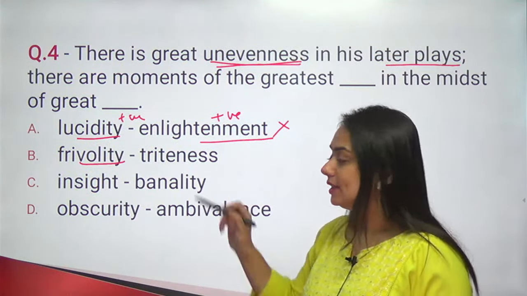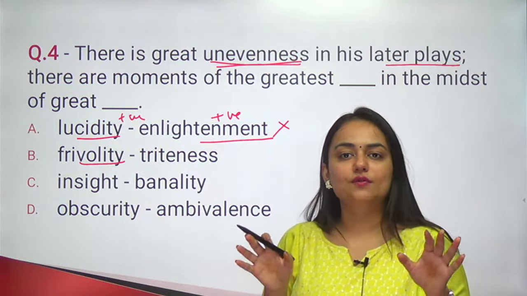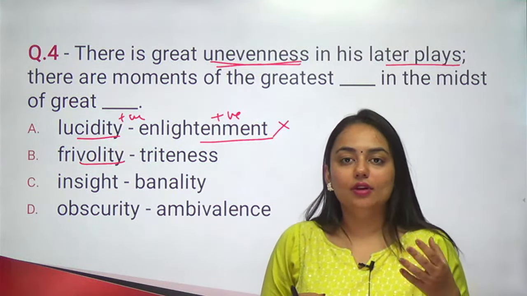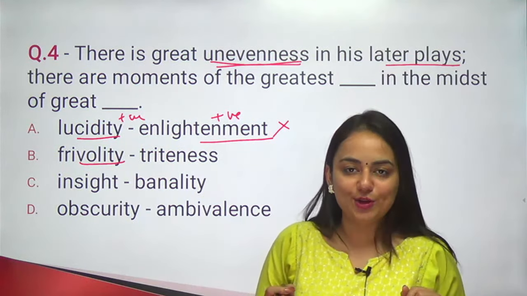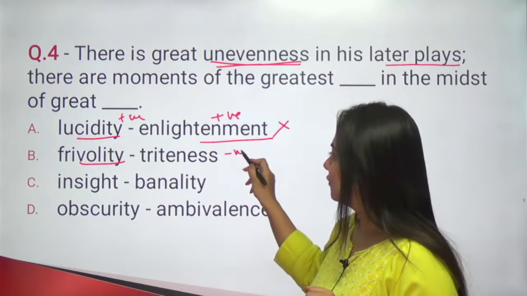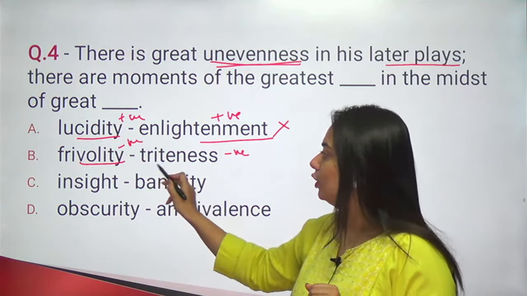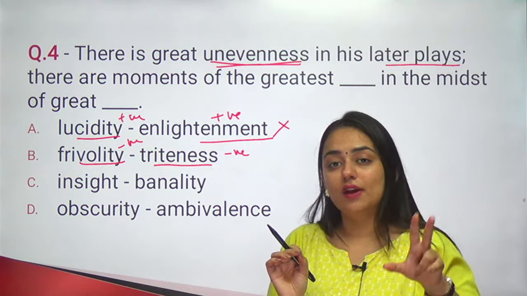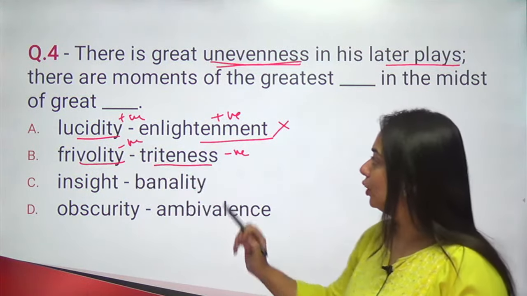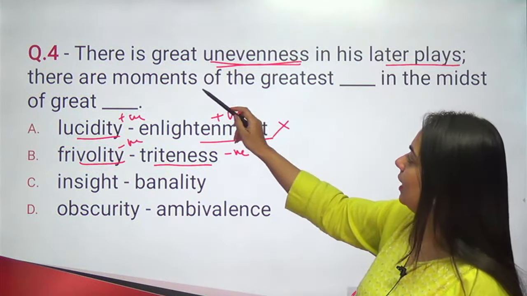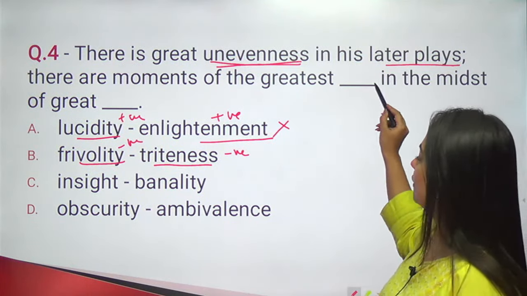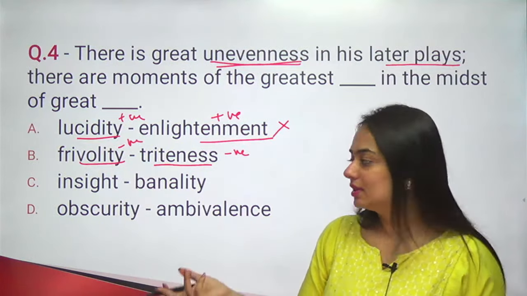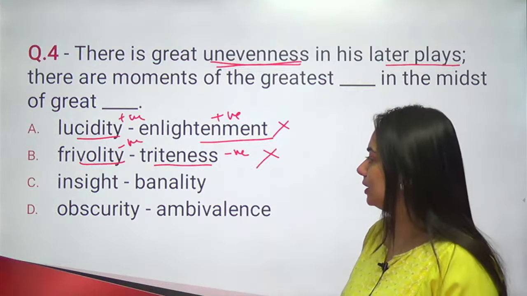So triteness is something which is very boring, ordinary, which is not very interesting, or it has now ceased to be interesting. तो ये दोनों ही negative connotation के words हुए. Look at this. Even if you do not know the exact meaning, you can guess कि उनकी connotation positive है या negative है. अब ये तो दोनों ही negative हुए. There are moments of greatest frivolity in the midst of great triteness, but similar meaning words. So this can also be eliminated.